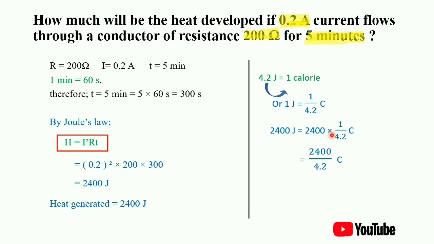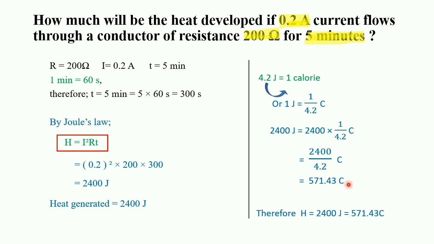Calculating this, we can write it as 2400 divided by 4.2 calorie, which is equal to 571.43 calories. So here the heat which is developed in this conductor is 2400 joule, which is equal to 571.43 calorie.